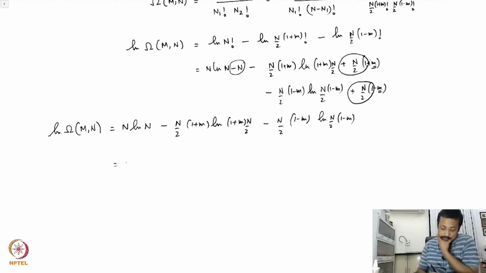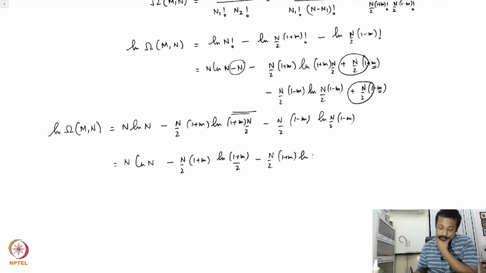Good. So we are expanding this part here, minus n by 2 into 1 plus m, ln n, minus n by 2 into 1 minus m, ln n, and the ln 2 terms. Sorry, we will not include the 2 over here.